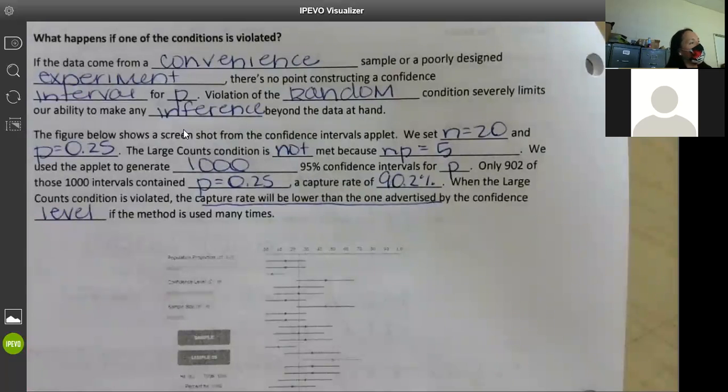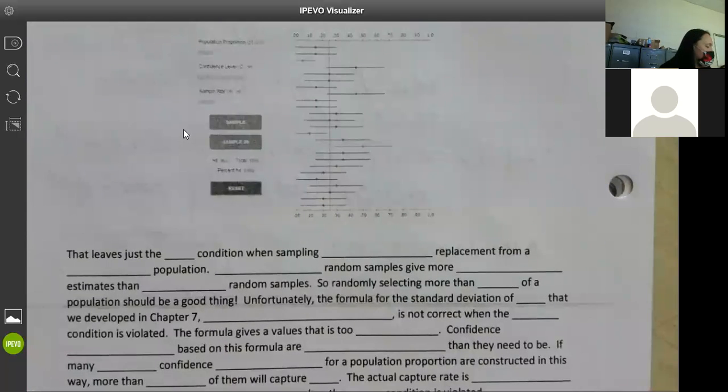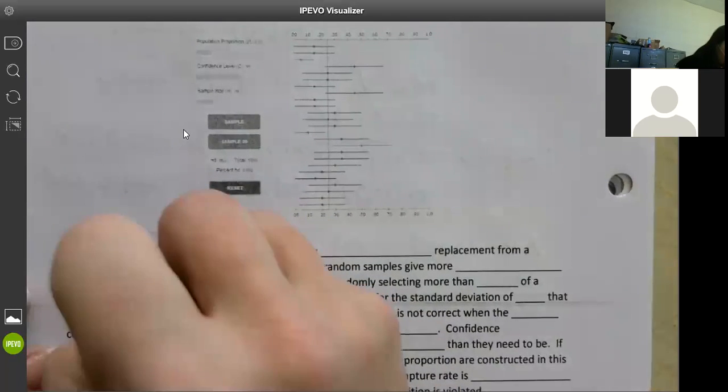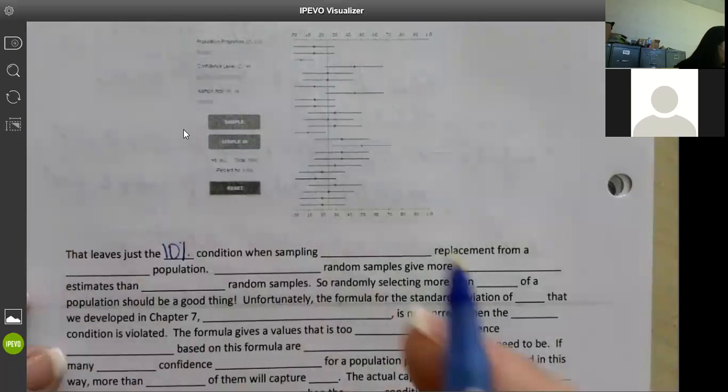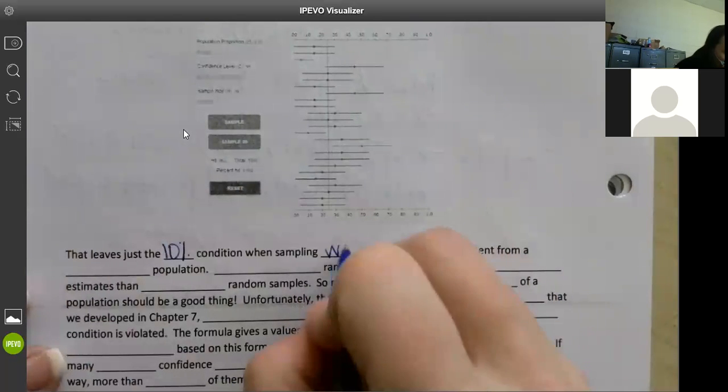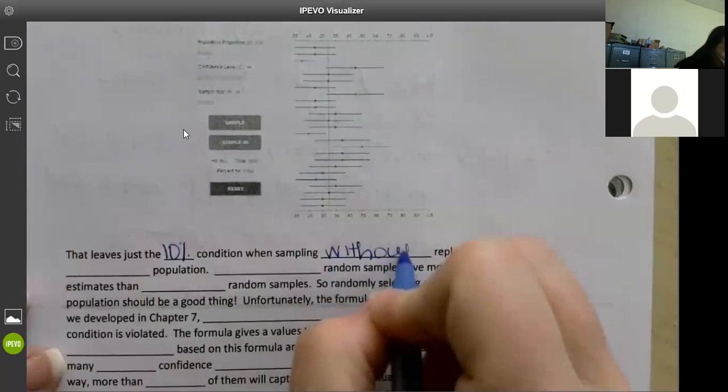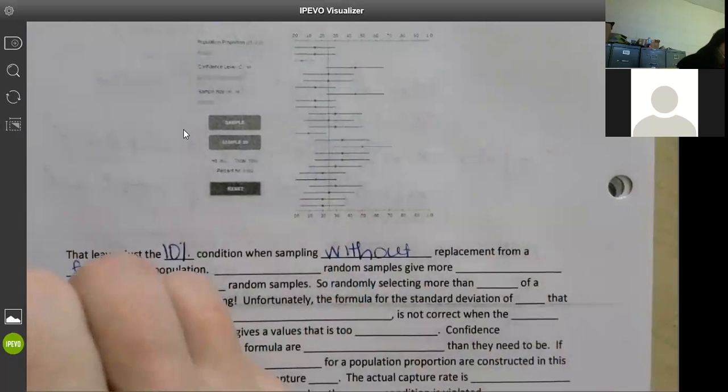So if it's not random, we can't make any kind of inference on the data or on the population. If the large counts is violated, the capture rate will be lower. And then that just leaves the 10% condition when sampling without replacement from a finite population.